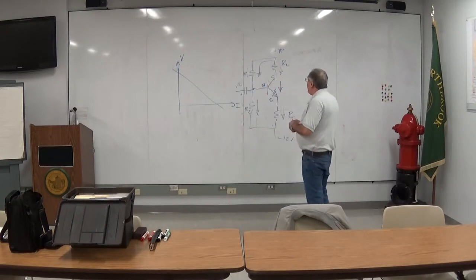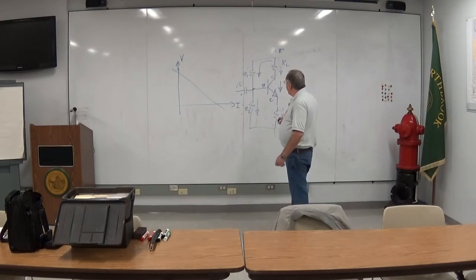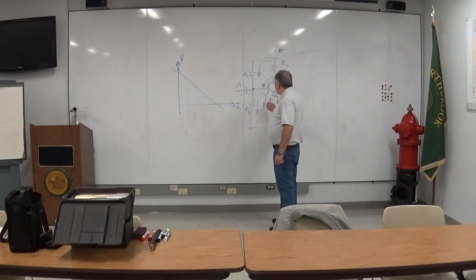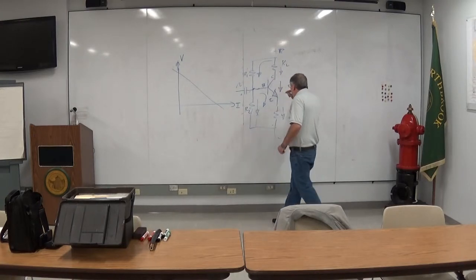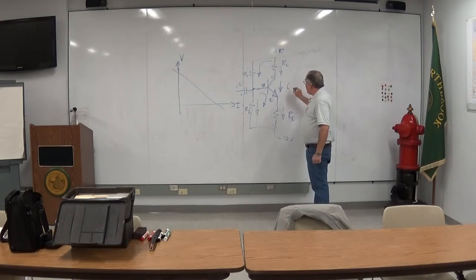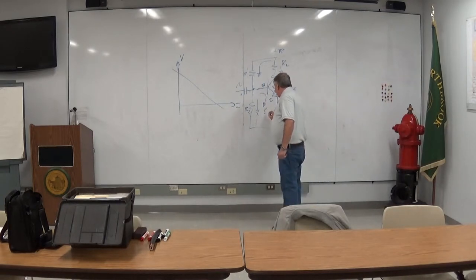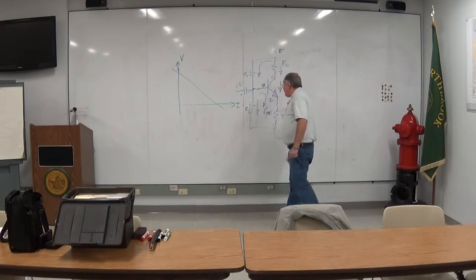And if I didn't put any current through this path, if this guy were just cut off for some reason, you would have no current flow, no collector to emitter current flowing here, if you had no base to emitter current flowing here.